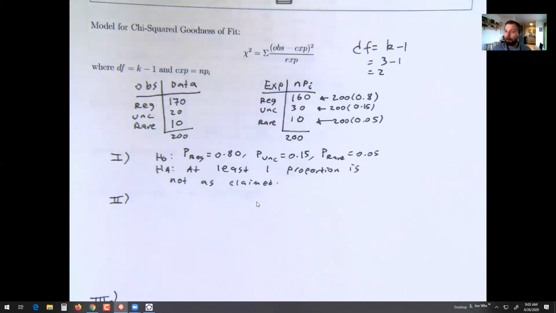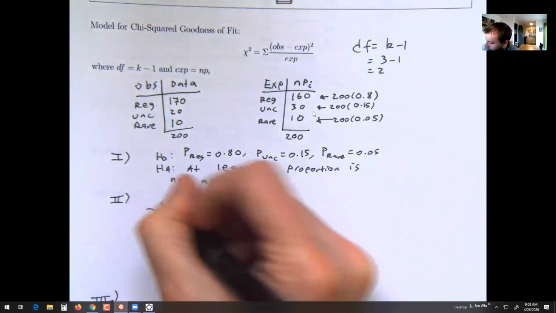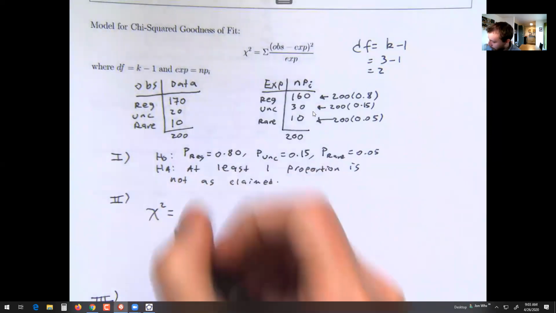Now this looks reasonably close. I'm only 10 off for each of these categories, but percentage-wise, if I'm off by 10 and I was expecting 30, that's like 33% error for that category. That seems like a considerable amount of error. My model, chi-squared, looks at that total error.